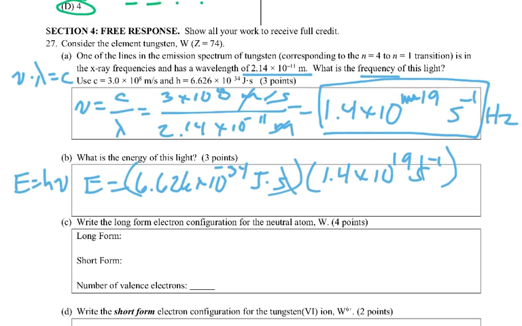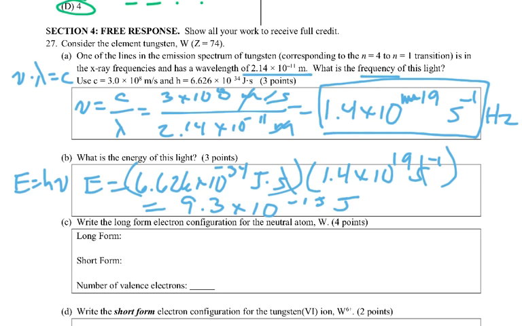So we can see that our seconds drop out. Okay, we're going to be left with joules, and we get all done. The answer is 9.3 times 10 to the negative 15th joules. So it's just a calculation.